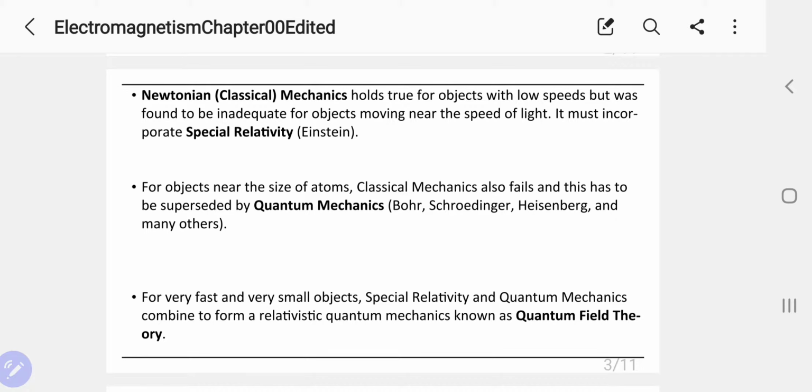For the size of objects comparable to atoms, classical mechanics will fail, and so quantum mechanics has to come in to describe their dynamics. And then of course, if you have very fast and very small objects, special relativity and quantum mechanics combine to form the relativistic quantum mechanics, also known as quantum field theory.